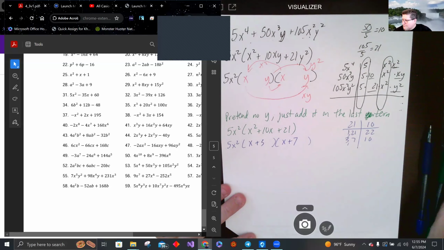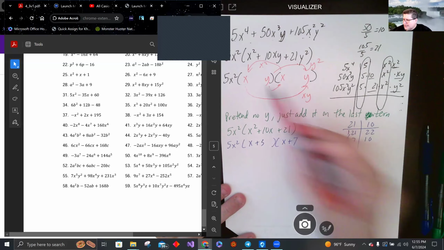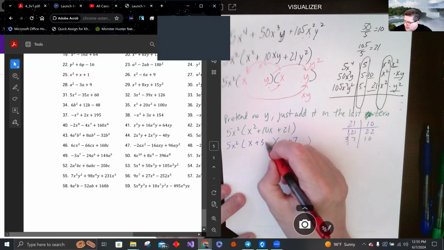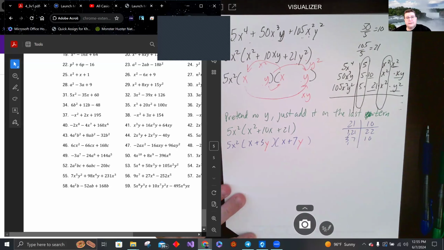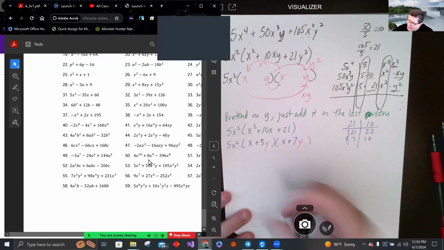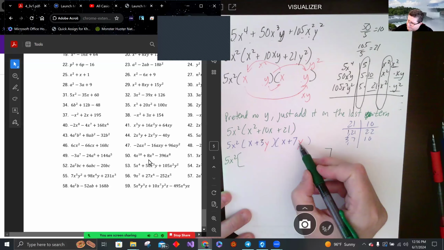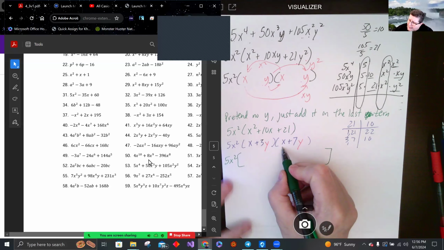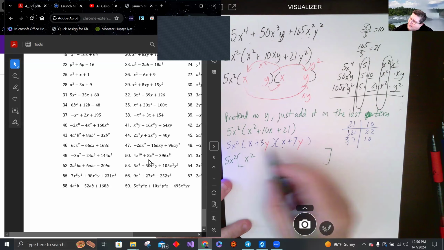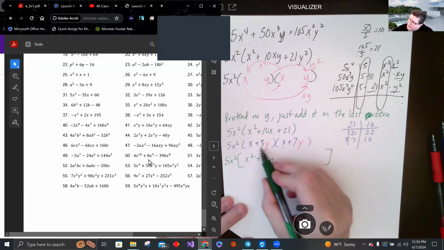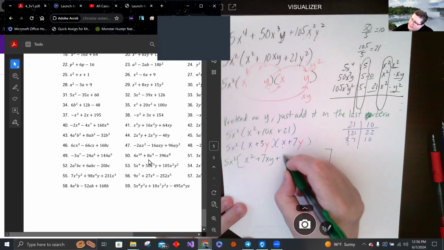And now I said pretend there's no y, but I know there needs to be a y here to get a y squared to get my xy's. I'm going to add it here on the end with the 3 and the 7. I can multiply this back out just to confirm. X times x is x squared. X times 7y is 7xy. 3y times x is plus 3xy.